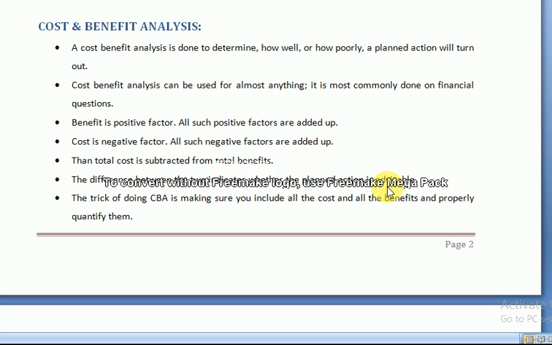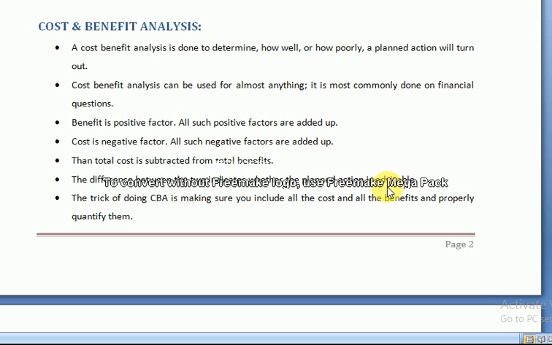Cost and benefits analysis is done to determine how well or how poorly a planned action will turn out. It can be used for almost anything.